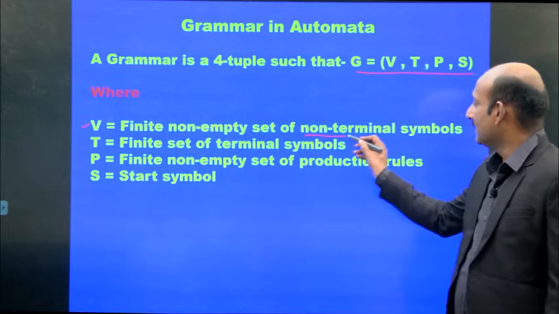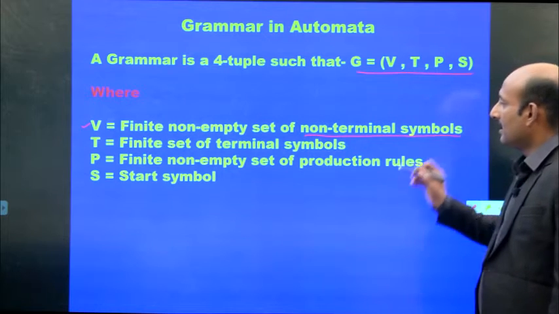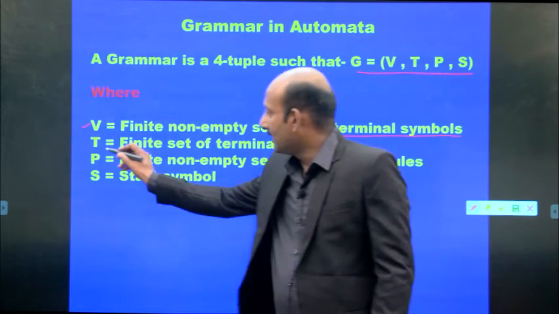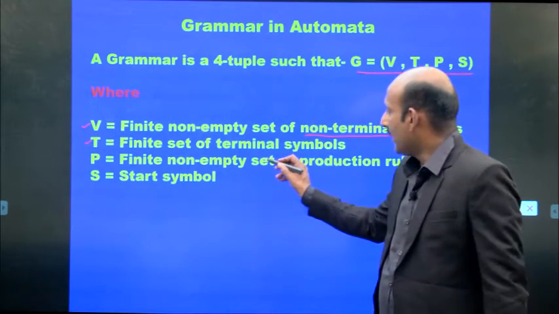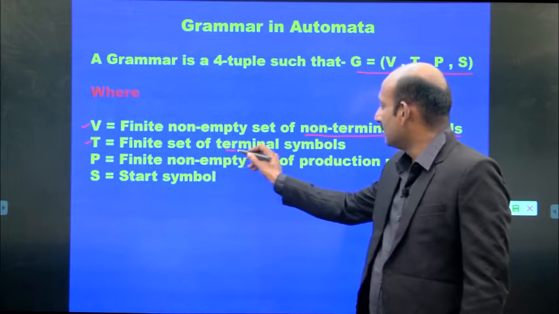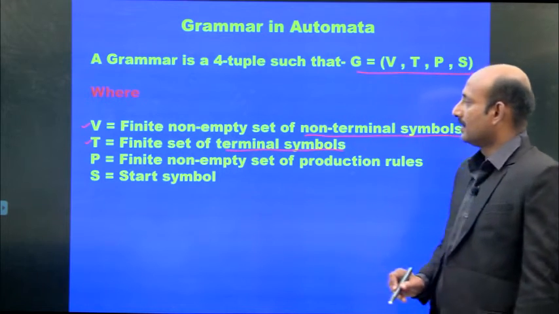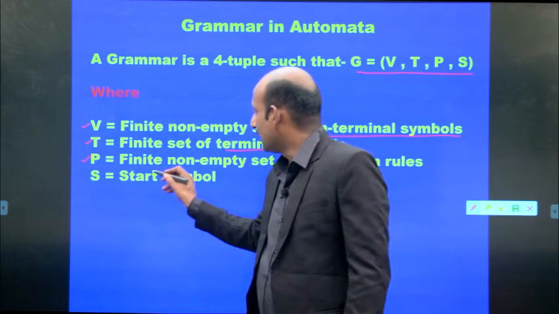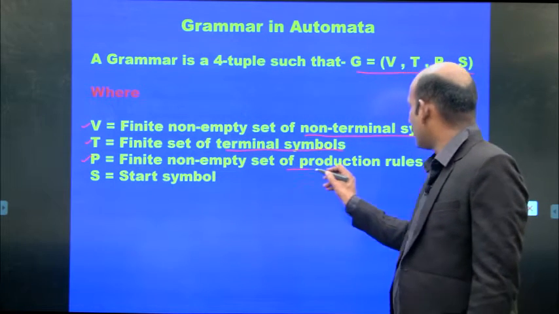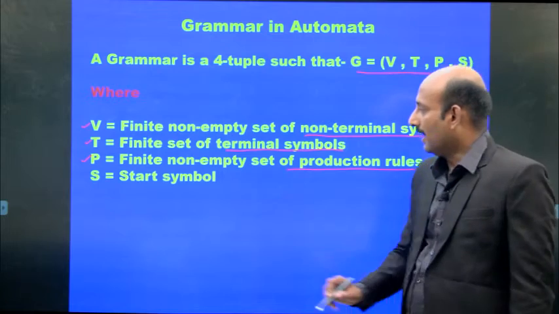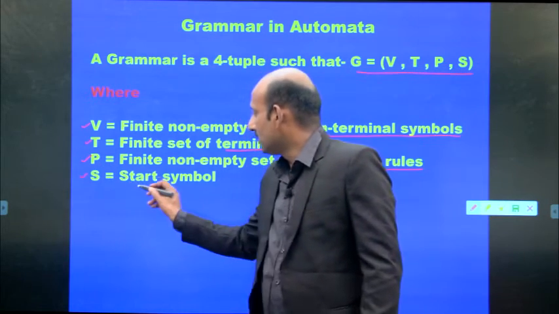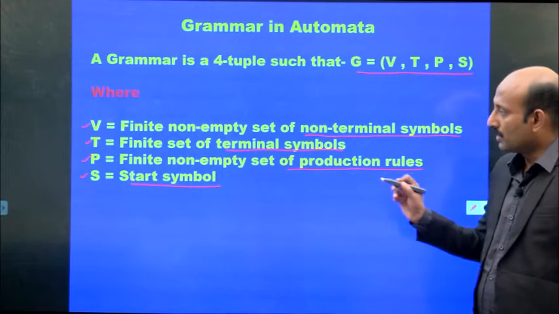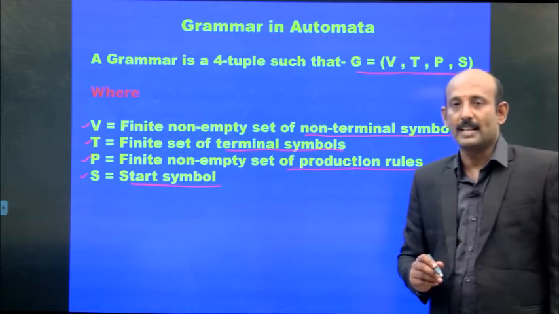That is very important here: non-terminal symbols. T stands for a finite set of terminal symbols. P is a finite non-empty set of production rules, and S stands for the start symbol. So there are 4 tuples in the grammar.